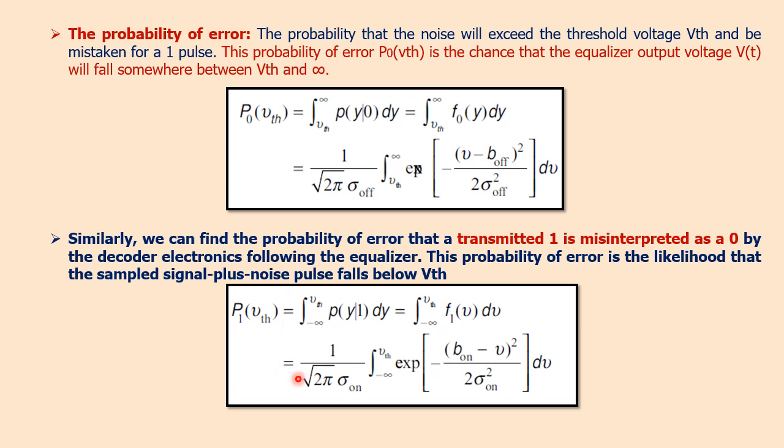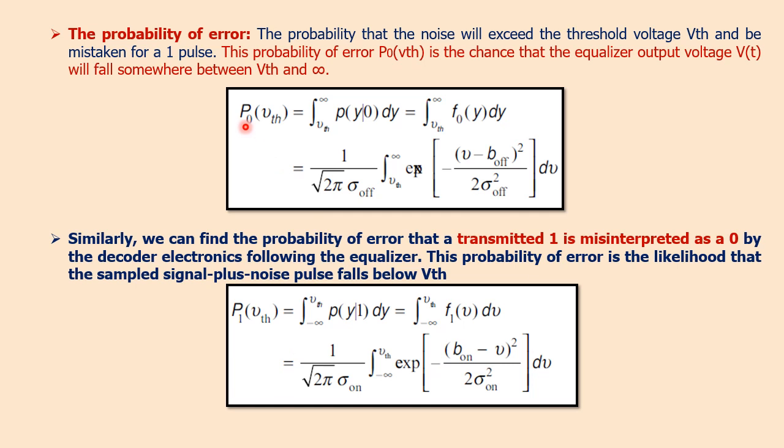Similarly, consider the probability of error that a transmitted pulse is 1 but is misinterpreted as 0 by the decoder electronics following the equalizer. This probability of error is the likelihood that the sampled signal pulse falls below the threshold voltage.